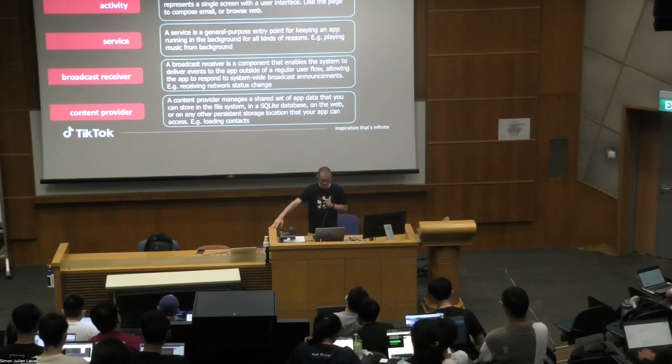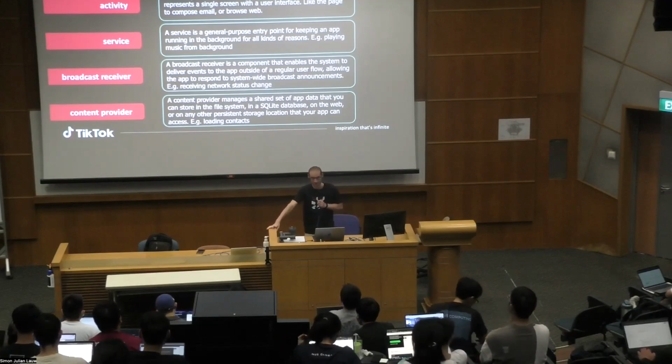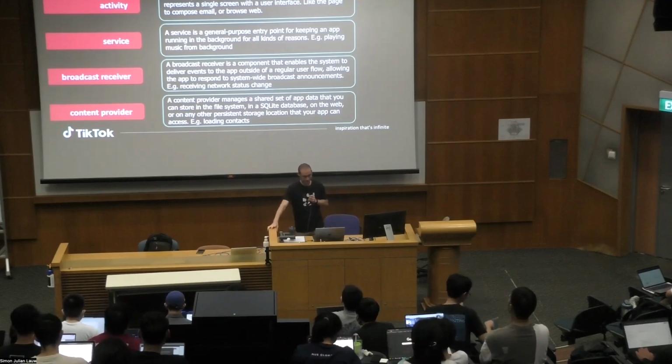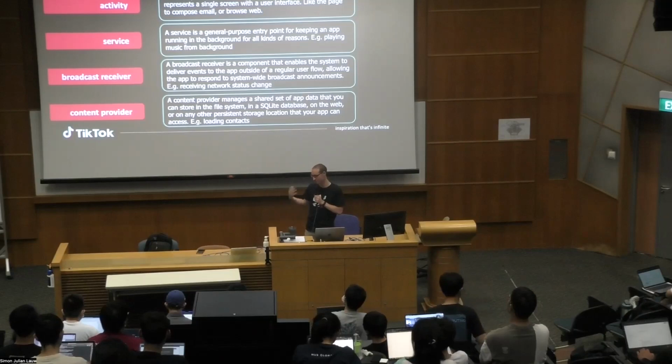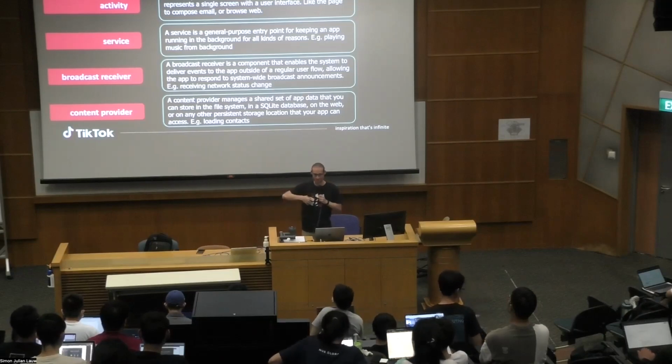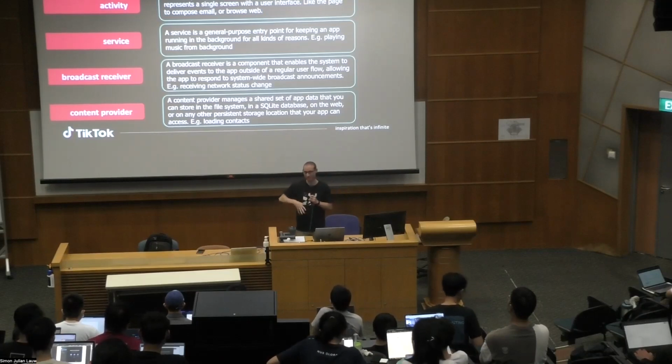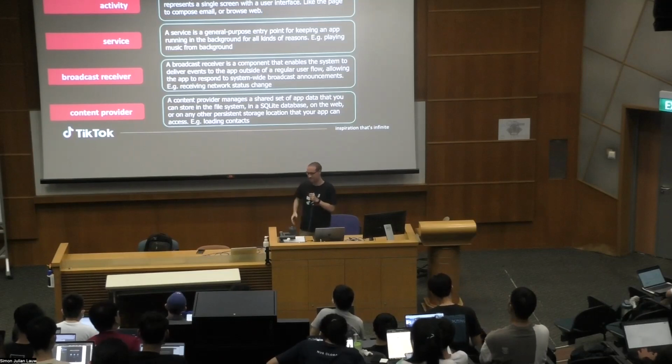We have a broadcast receiver. This is a global broadcast. For example, if I receive a phone call, the OS will say, hey, you're receiving a phone call, then it will broadcast to all the applications. And maybe I'm interested in knowing that there is a phone call incoming, and maybe I can intercept the phone call, maybe I can do some custom operation, maybe start a recording or something.